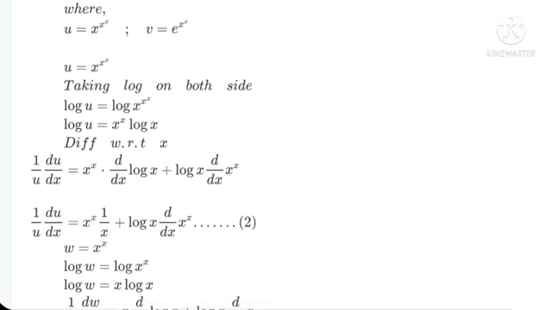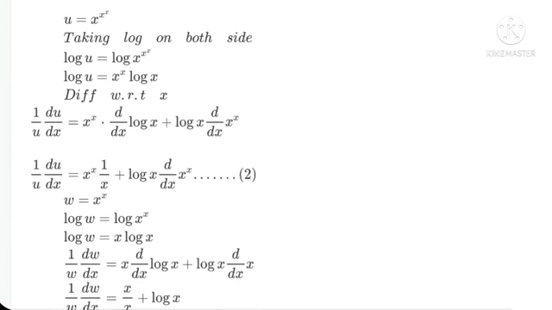For this take u is equal to x raised to x. Taking log on both sides, log u is equal to log x raised to x. Log u is equal to, on the RHS you take the rule of logarithm, x raised to x into log x.